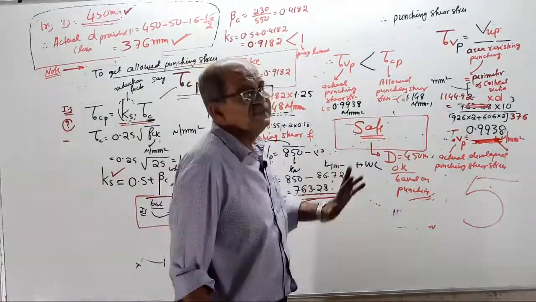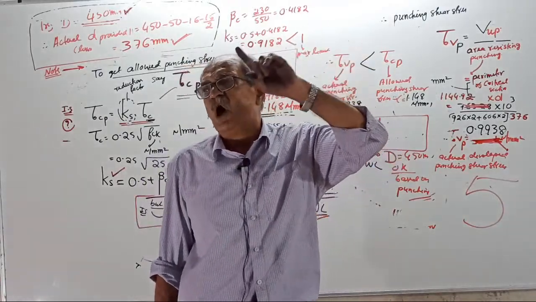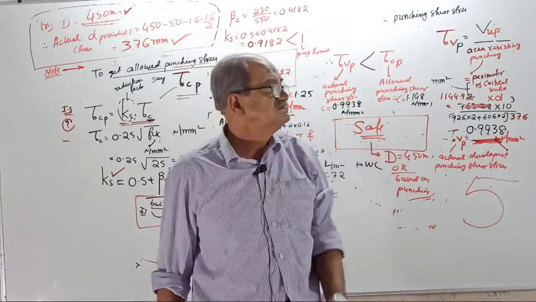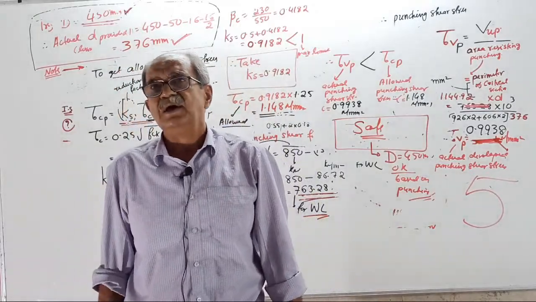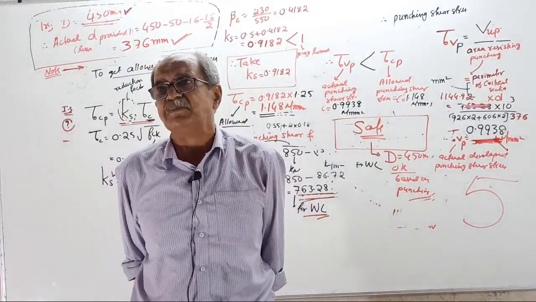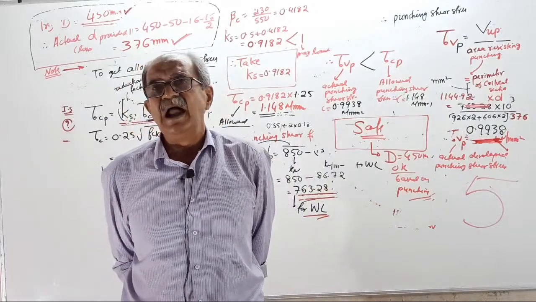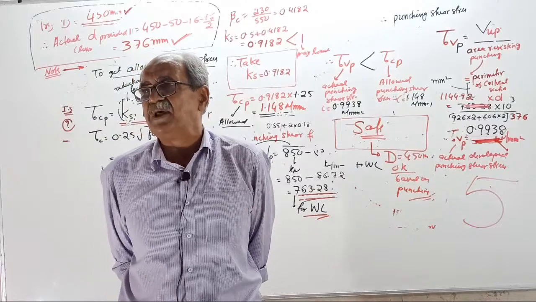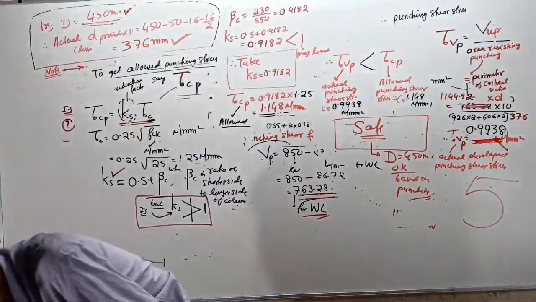Therefore, if unsafe comes, increase the depth, but a little less than the number looks like it needs. Too much is not required. Clear or not? Like your deflection control for slab, as explained in the RCC batch and ETABS batch, you need not increase the slab thickness too much. Tell me, clear or not?